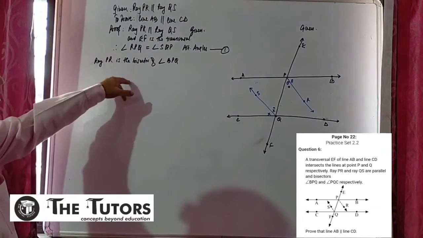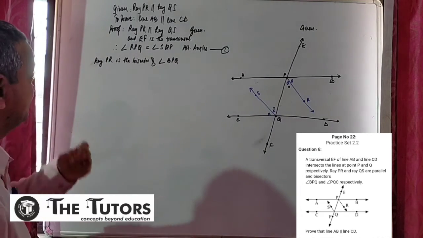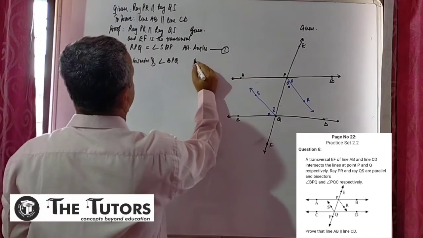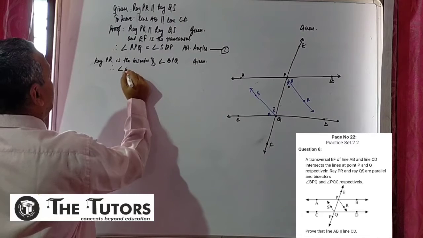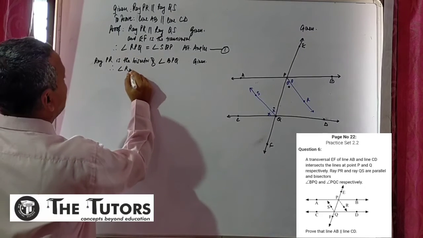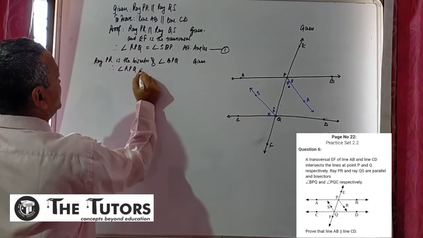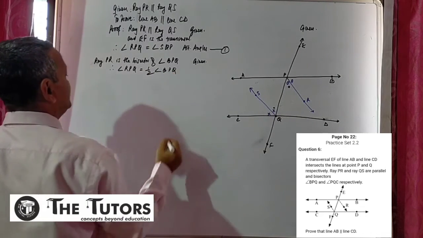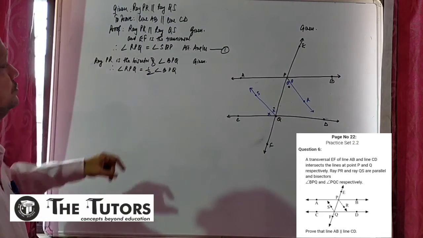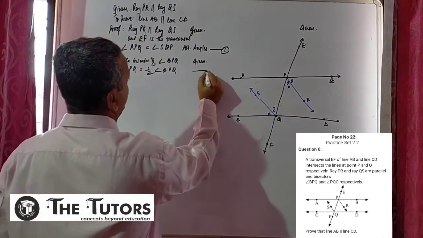Ray PR is the bisector of angle BPQ. This is given to you. Therefore, angle RPQ is equal to half of angle BPQ. This will be your 2.